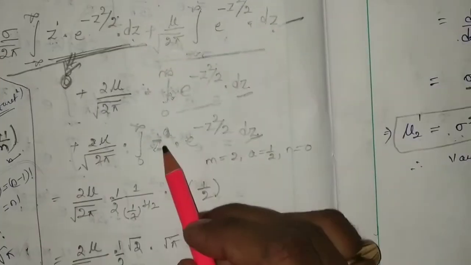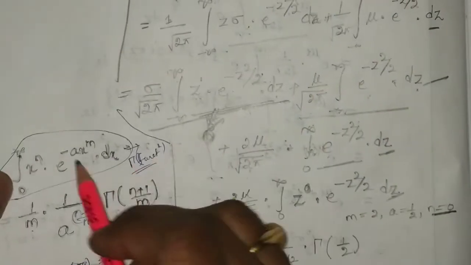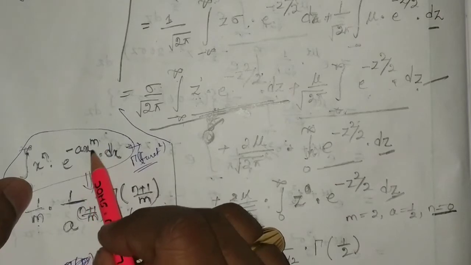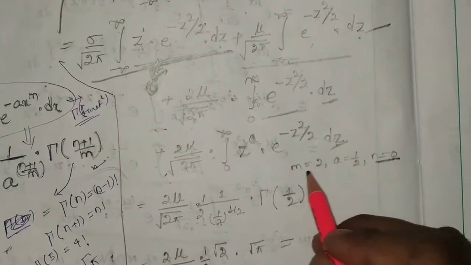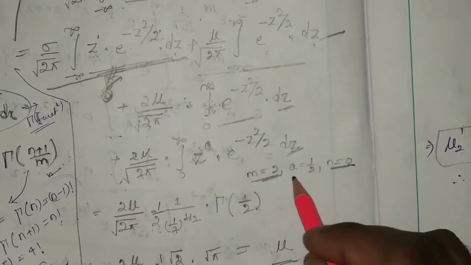So here z to the power 0 is considered as n, so n is 0. And here you can see minus a x to the power m. Here x is z, so z to the power 2 is considered as m, m is equal to 2. And here a is 1 by 2.